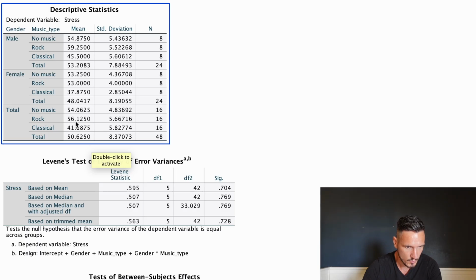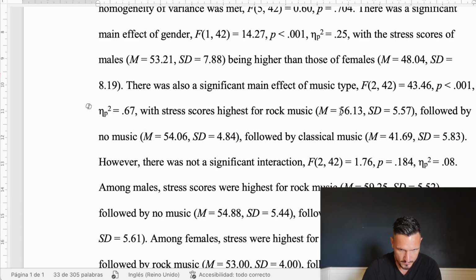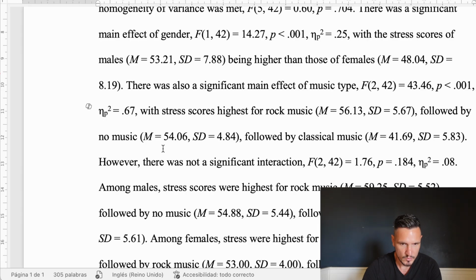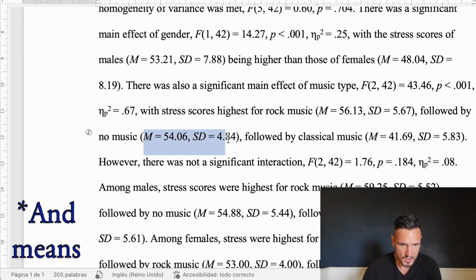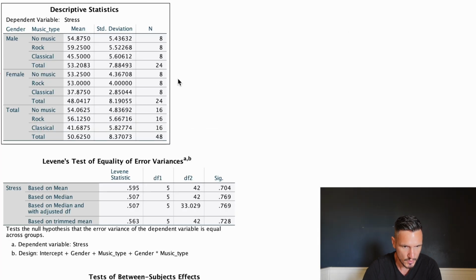So we have a 56.13 if we round that value to 2 decimal places, and that's what we've reported here. And we've reported a standard deviation of 5.67, and that's what we have in the rock row here. So we've just rounded this value here of 5.667 to 5.67. And then we've just reported the standard deviations for the no music condition and for the classical condition. So those values are just coming from here and from here.